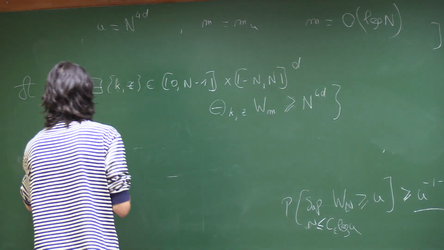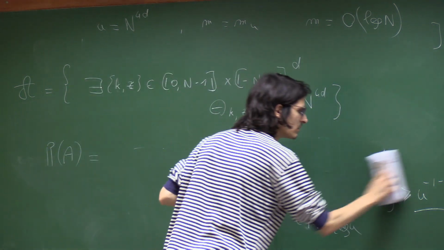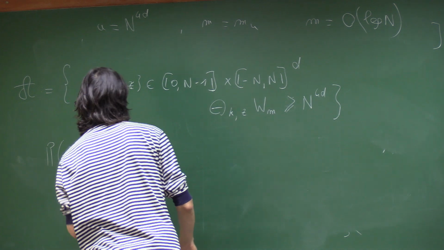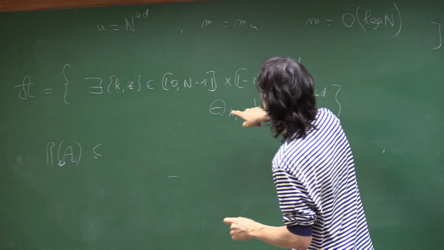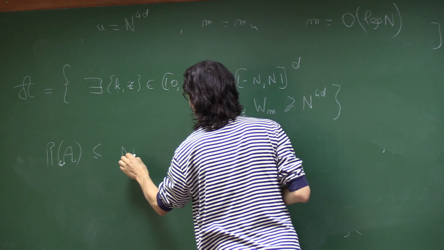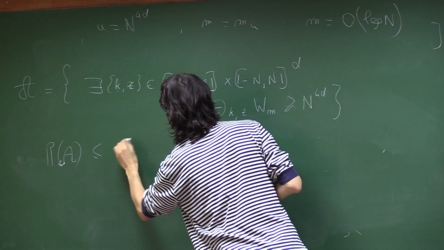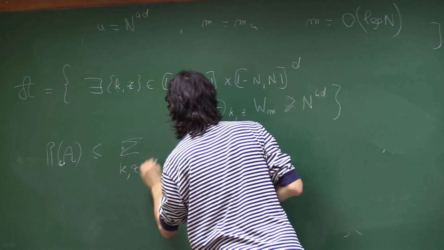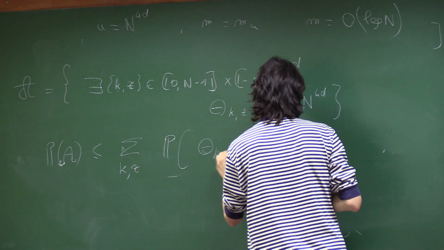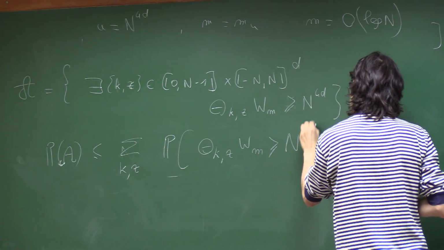And if I look at the probability of the curly A, this is smaller than, well, I can use a union bound. So I look at the various k's and z, so I have the sum over kz times the probability that theta kz Wm is larger than n to the 4d.